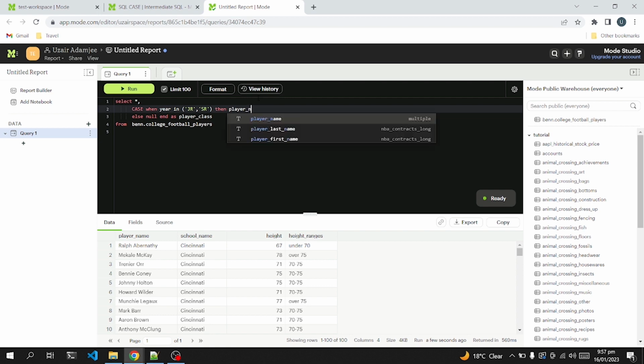Oh, sorry, we have to return the player name. So we have to use player name when we say then. So when a year is in JR or SR, we have to get the player name. Else end it and tag that column as player class.